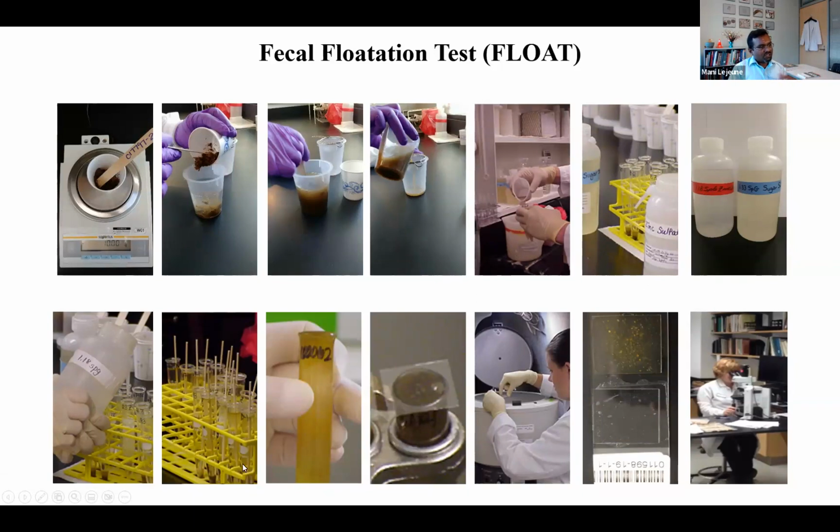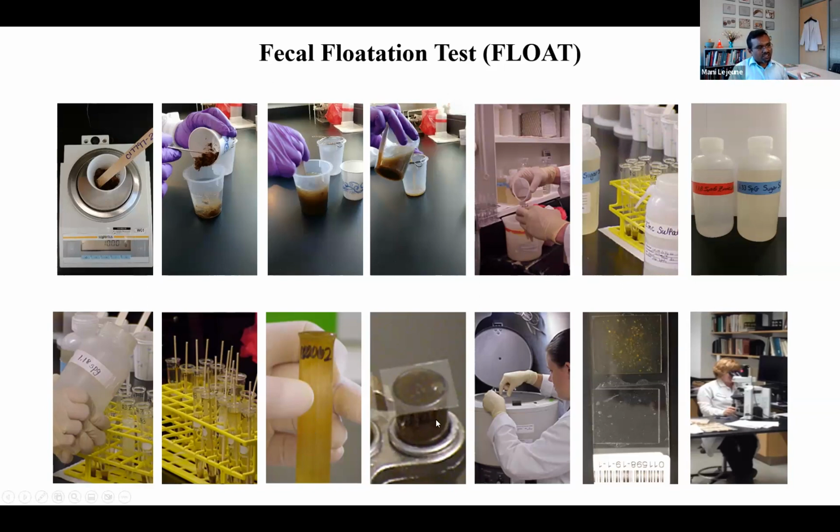After mixing thoroughly, we refill the centrifuge tube to the brim with the corresponding flotation solution. Once it forms a meniscus at the top, we place a glass cover slip on it, put the whole thing in a centrifuge, and centrifuge for another 10 minutes.